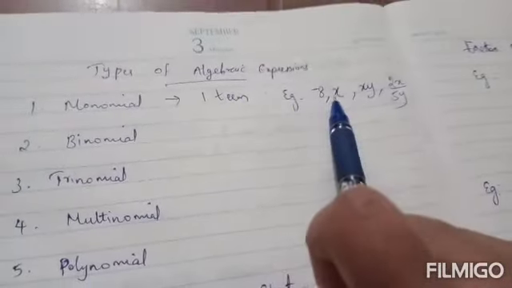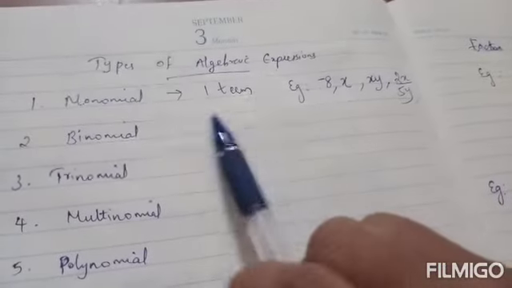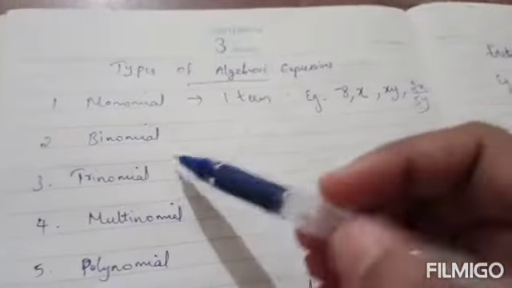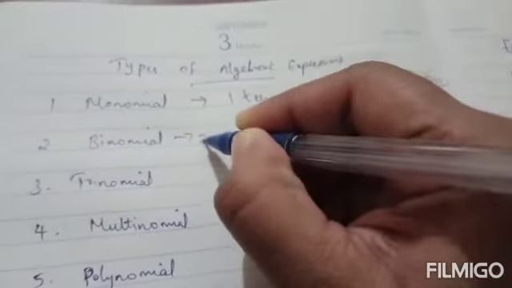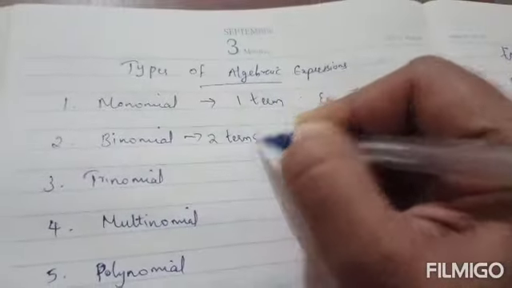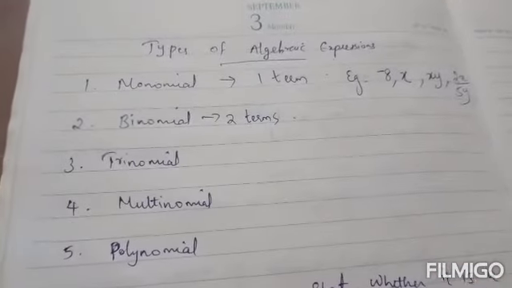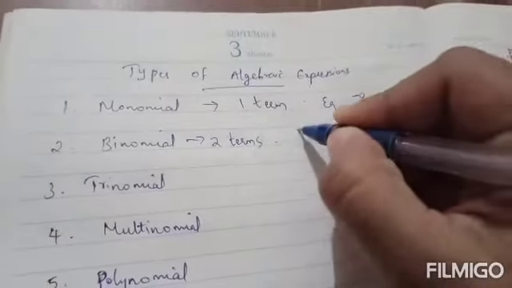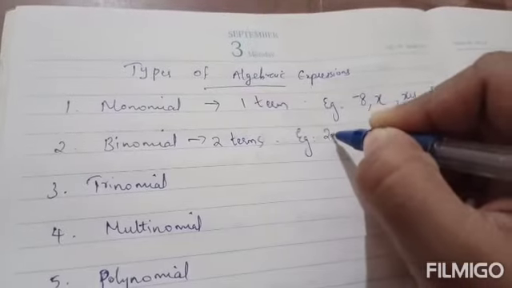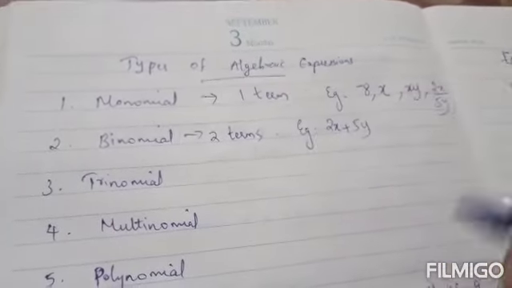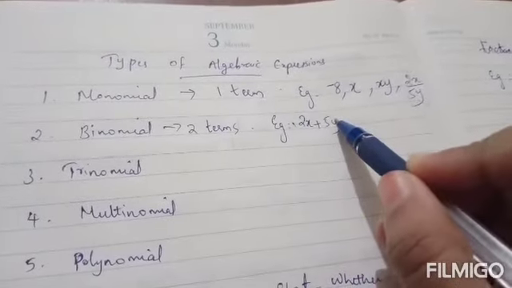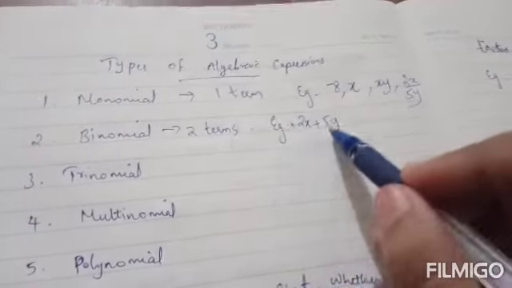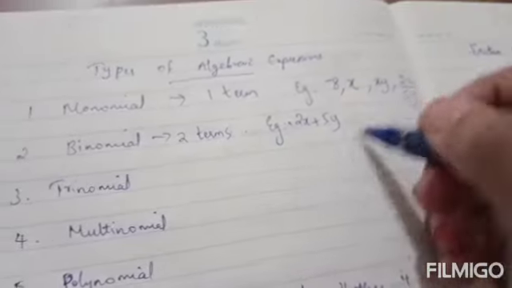If an algebraic expression contains only one term, it is called a monomial. Binomial means if an algebraic expression contains two terms, then it is called a binomial. We can take the example 2x plus 5y. Here two terms are coming, 2x and 5y. So this is a binomial.